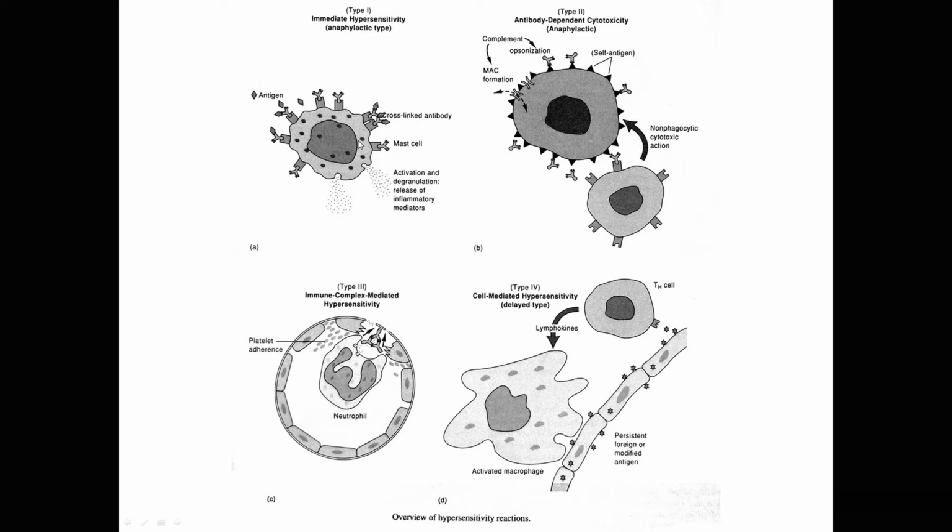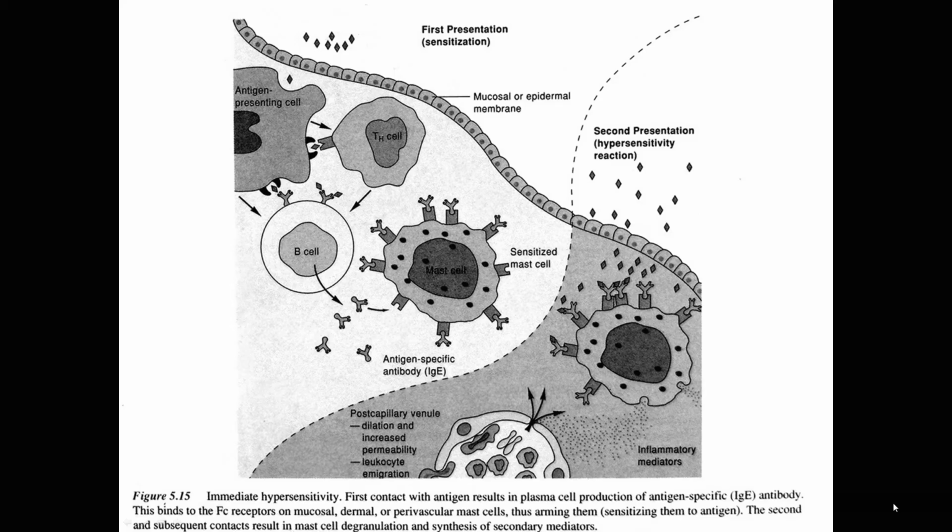Let's now consider one by one these abnormalities. The type 1 hypersensitivity, the anaphylactic type, is mediated by immunoglobulin E antibodies bound to the mast cells and also on some occasions to basophils.